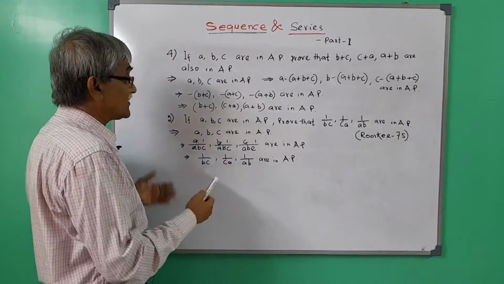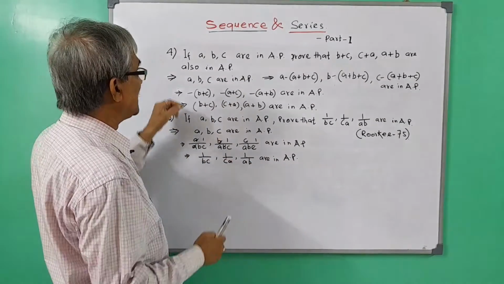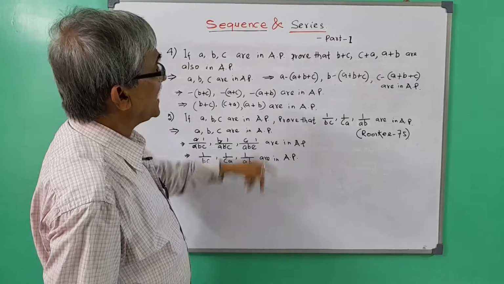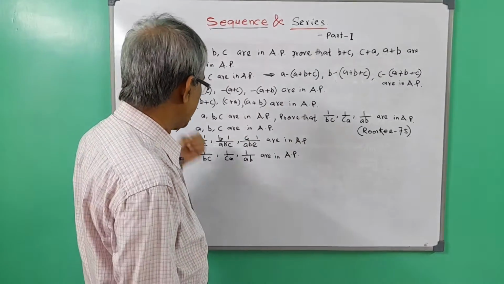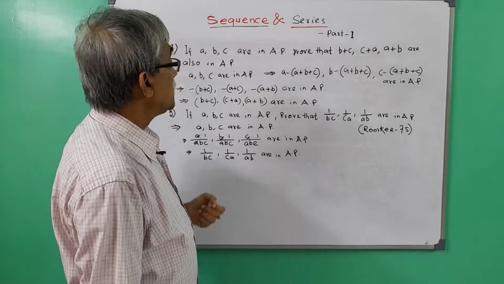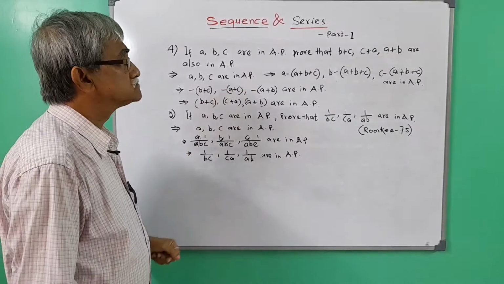Now let us take another two examples. In example number 4, we are using the properties. If a, b, c are in AP, then you have to prove that b plus c, c plus a and a plus b are also in AP. Now, we are solving. a, b, c are in AP.